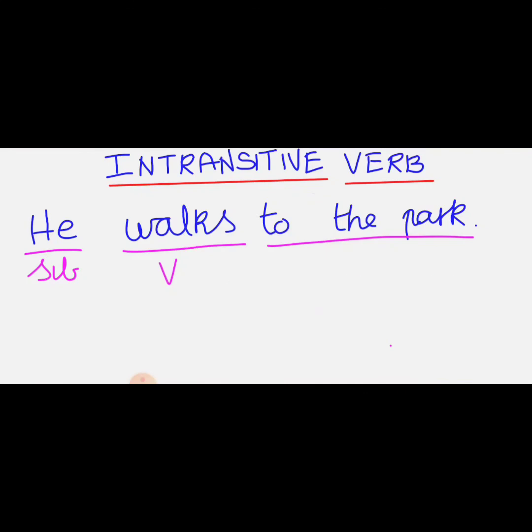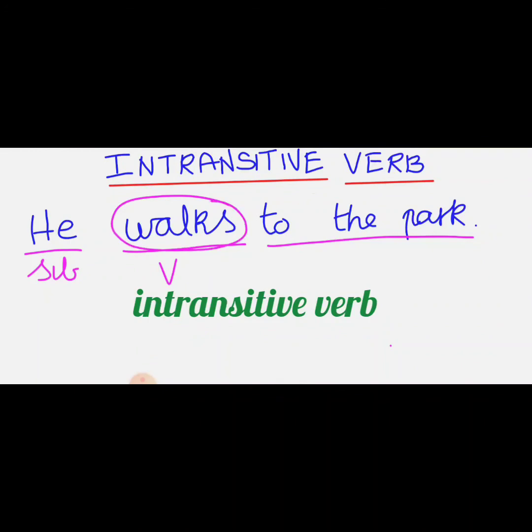So the word walks is an intransitive verb which does not have an object. So I hope you understood the difference between transitive and intransitive verbs.